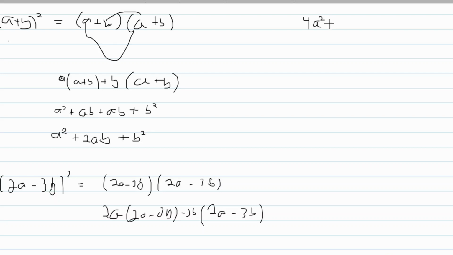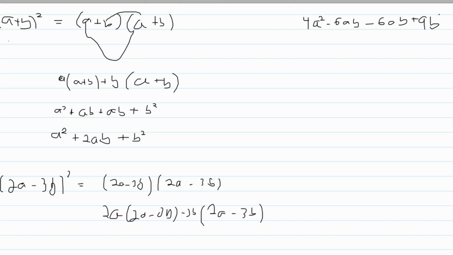So we have minus 2 times 3 gives 6, so minus 6ab. Negative 3 times positive 2 gives us negative 6ab. Then negative 3 times negative 3: a negative multiplying a negative gives a positive answer, so plus 9. Then b multiplying b gives us b squared.